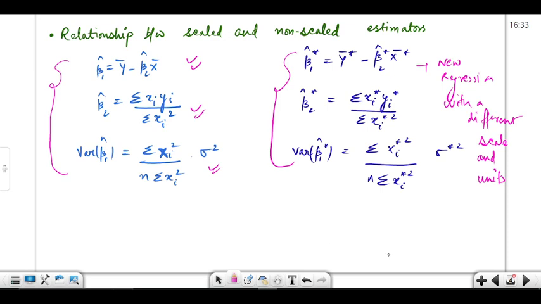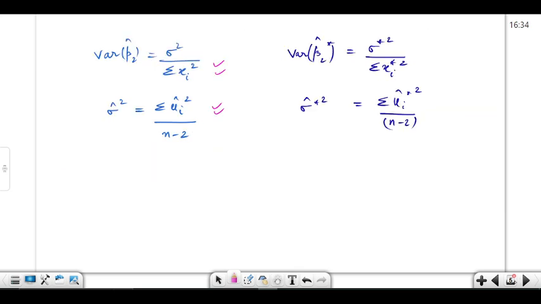Okay. Similarly, in these formulas, your normal variables are being replaced by your scaled variables. So that is what is happening. Okay, there's no significant change. Nothing new is being added to the formula, and nothing existing is being dropped.